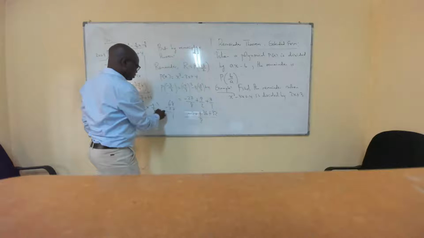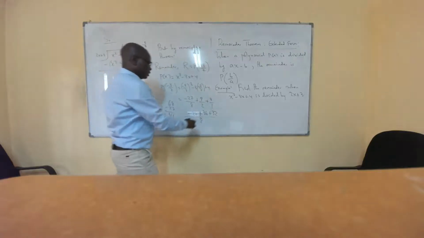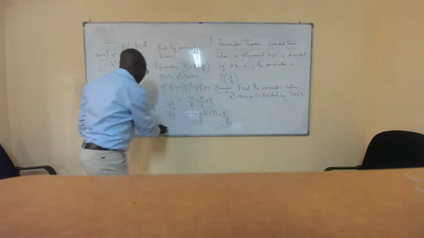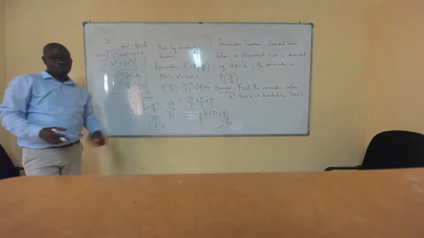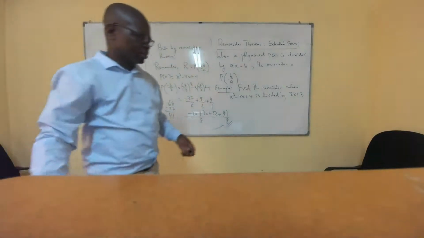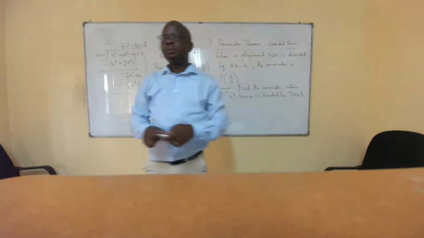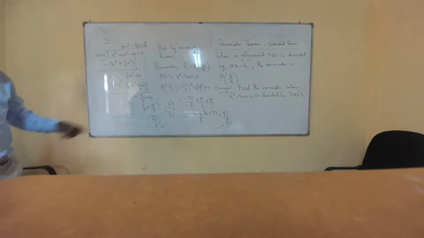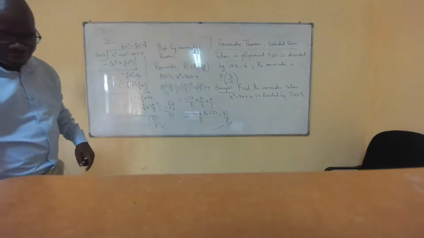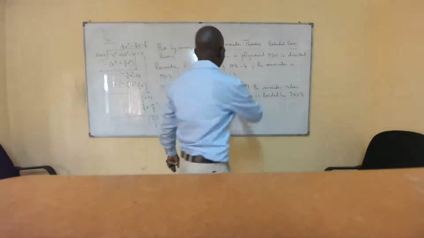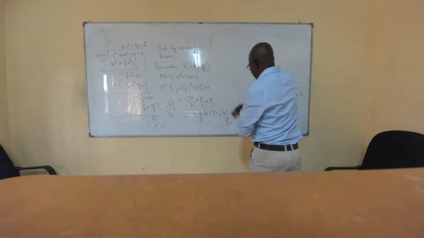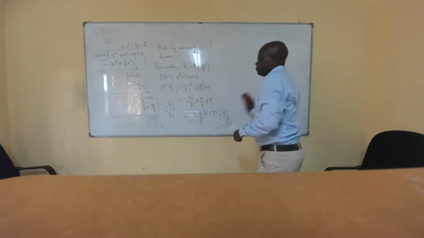This gives us 41 over 8, which is the same. Okay, so using the remainder theorem, you save time, as you have observed here. Using the extended form of the remainder theorem.